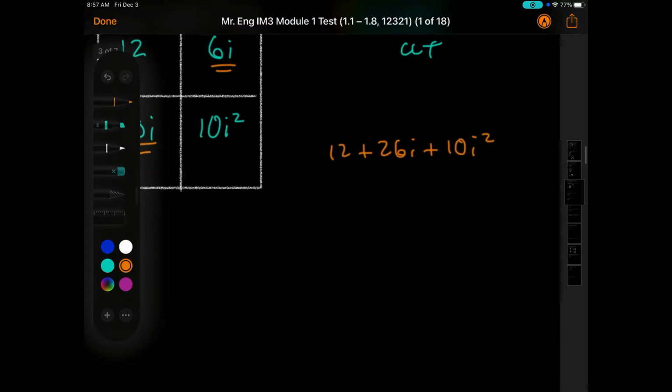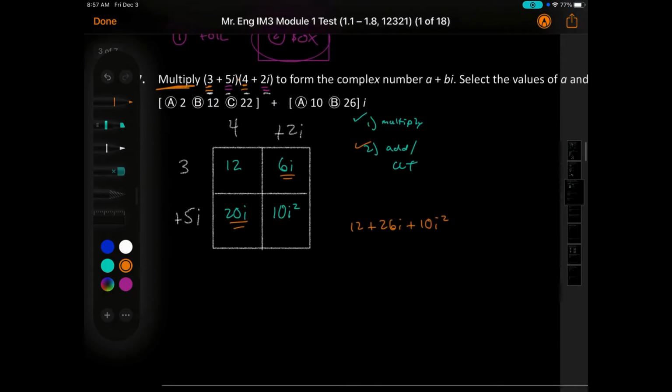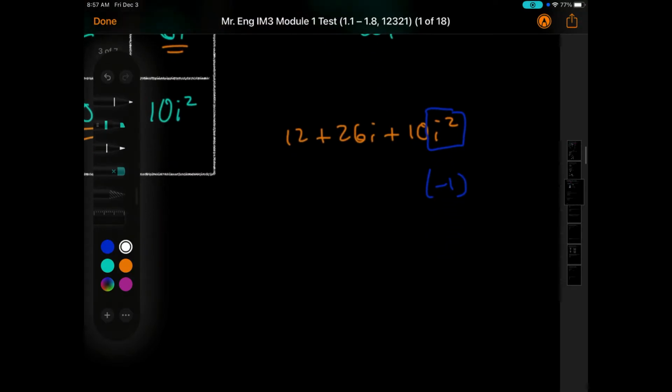Now you'll notice that these are not one of our choices. Now, you could be tempted to just do the 12 and then the 26, and that would be incorrect. So watch. Remember, up above, we just said that i squared is equal to -1. So let's go ahead and simplify.